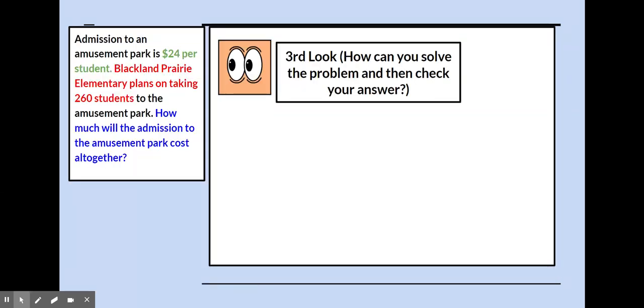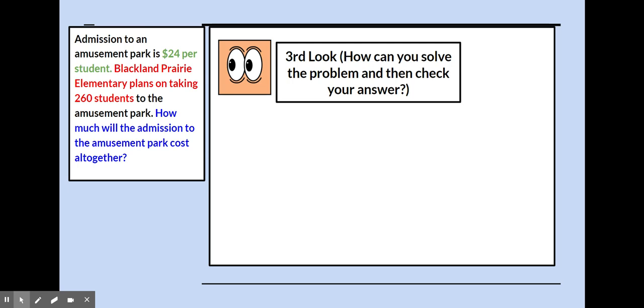Now we're going to give our word problem a third look or a third read-through. Admission to an amusement park is $24 per student. Blackland Prairie Elementary plans on taking 260 students to the amusement park. How much will the admission to the amusement park cost altogether?